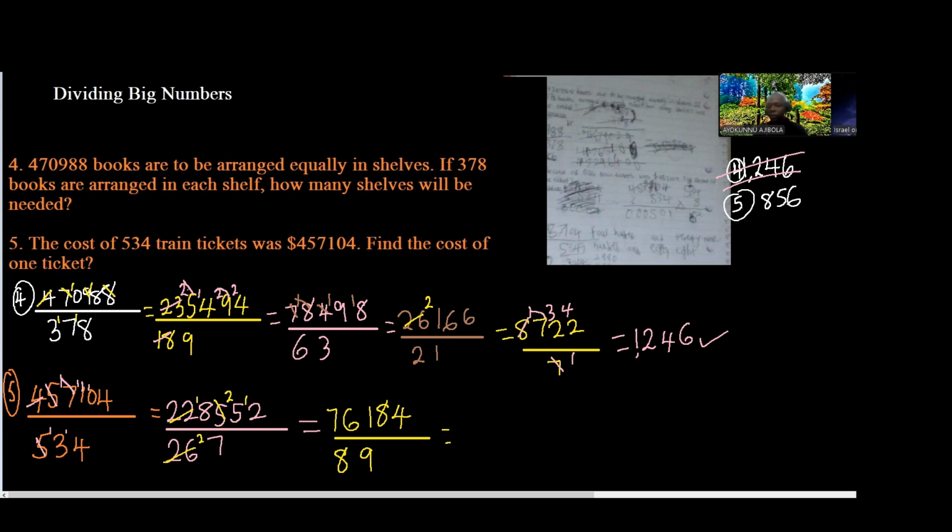3? No, 3 won't divide it. Because if you say 3 in 8, that's 2, then remainder 2. 3 in 29 won't go perfectly well. It's only 3 in 27 that will go.